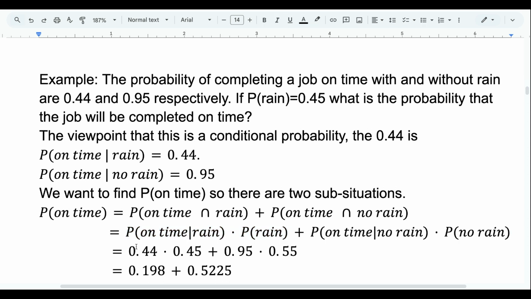And then we know these pieces here. The conditional probability of on time given rain is 0.44. Probability of rain is 0.45. Plus the probability of on time given no rain, which is 0.95, times the probability of no rain, which is 0.55 because the probability of no rain is 1 minus the probability of rain.